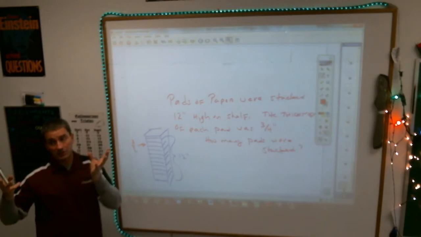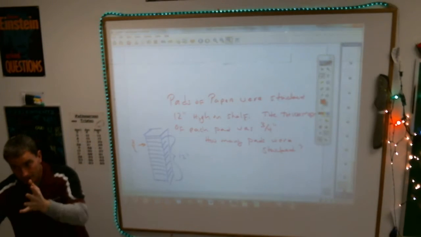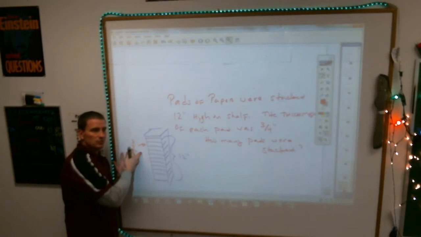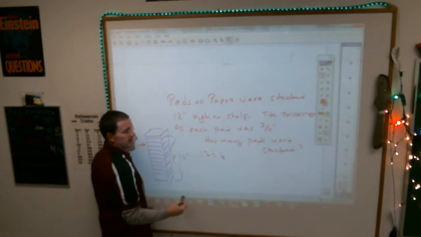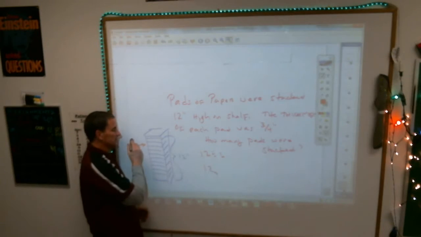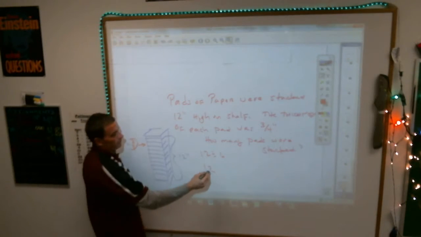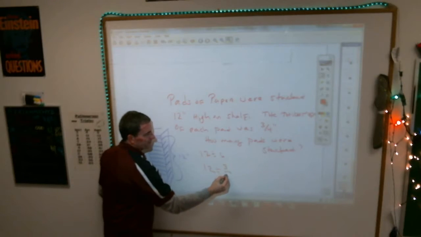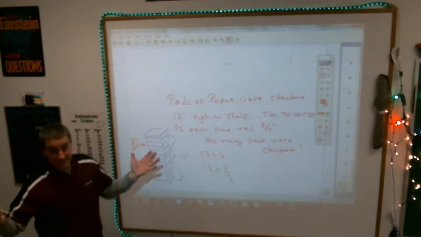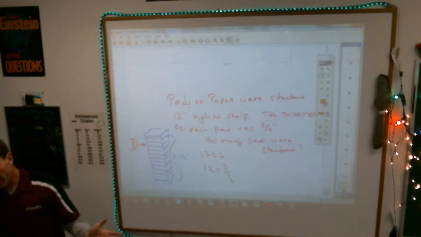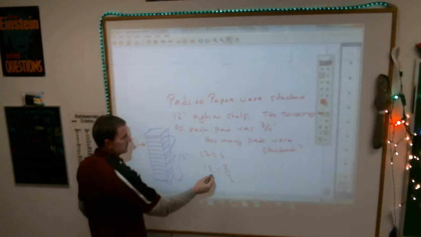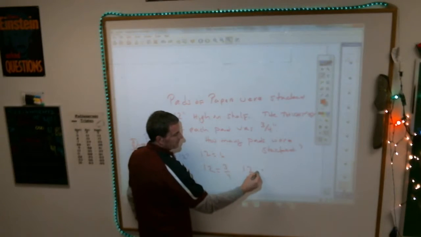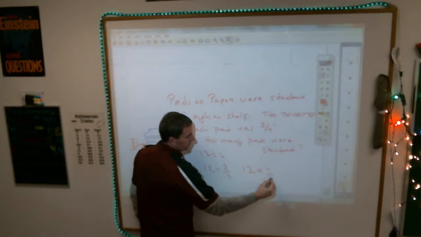And the question is, what did you do to get 6? You did what? And that's the same thing you'll do with the fraction. You did 12 divided by 2. Well, the 12 is right, but the 2 is actually 3/4. So instead of 12 divided by 2, you have to divide by 3/4. That's the process you do. And now that you're smart enough to divide by fractions, this should be not too much trouble because it is the same thing as 12 times 4/3.